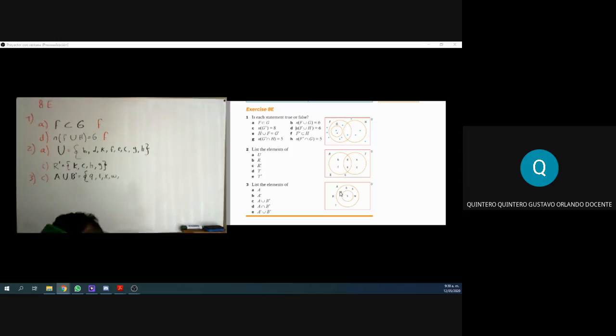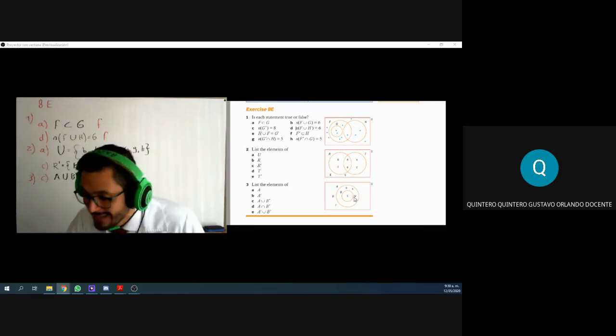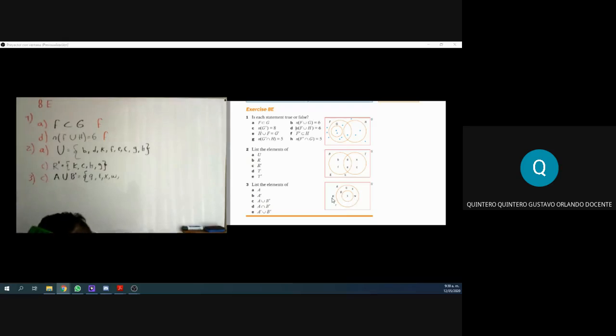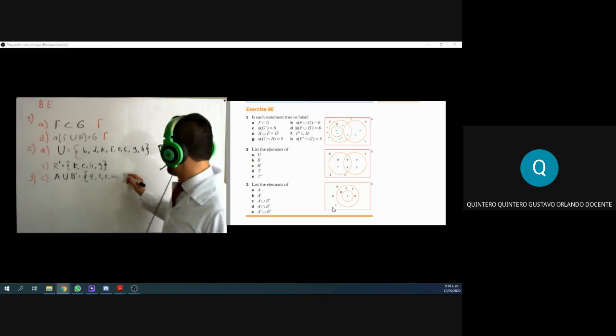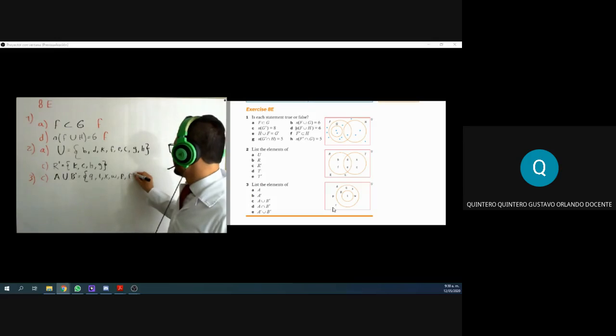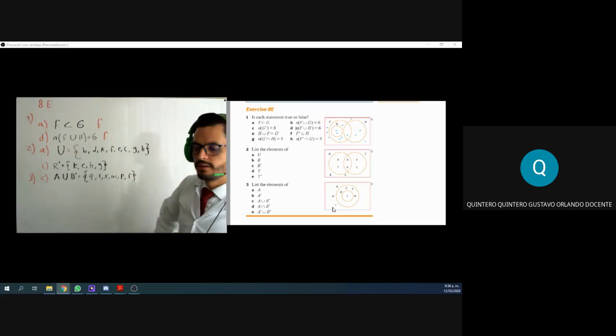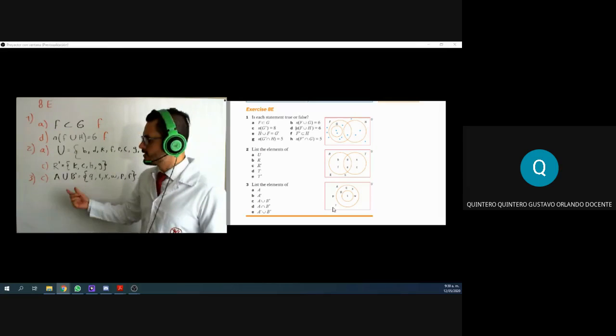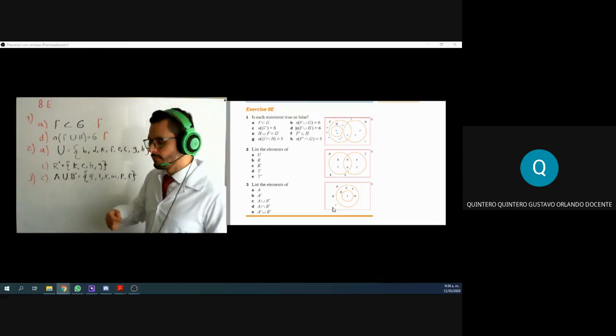So we already have Q, X, and W in this entire set. Let's write down the rest. We have P and F. Close down the curly bracket, and we are done. We finished with the union of these two sets, A and the complement of B.